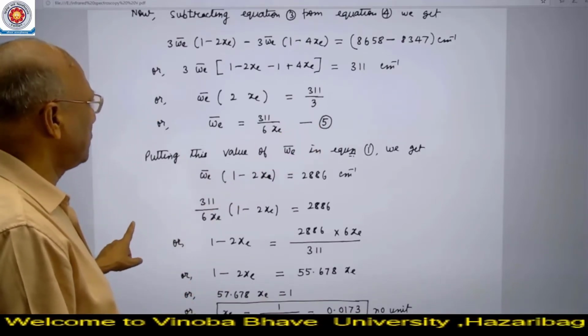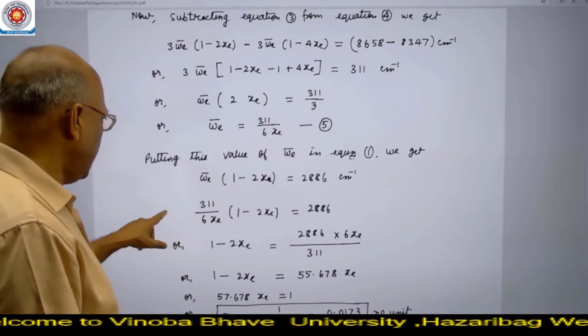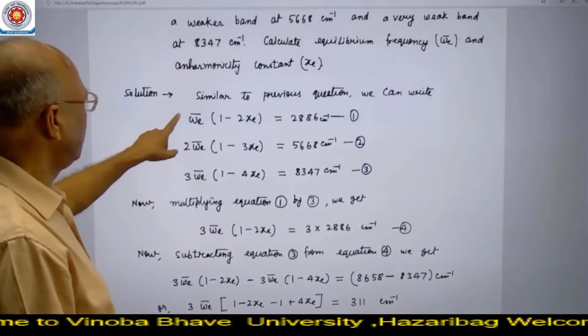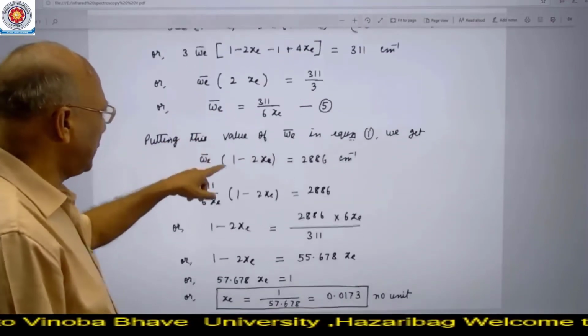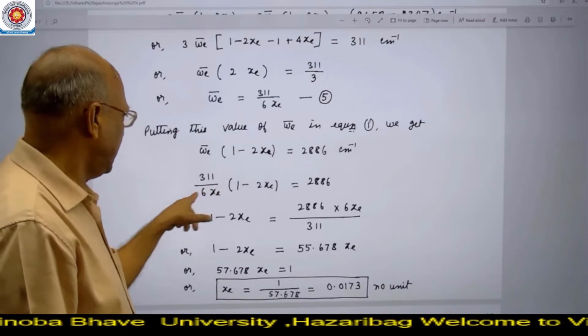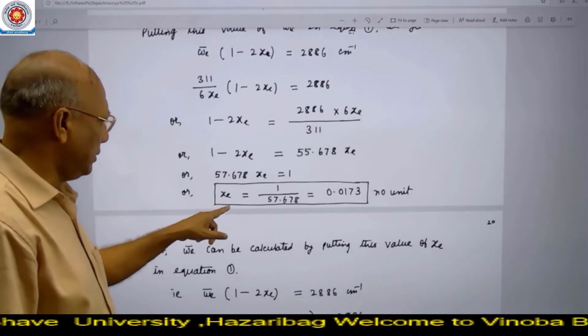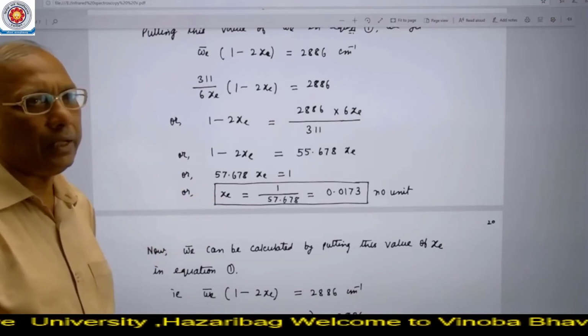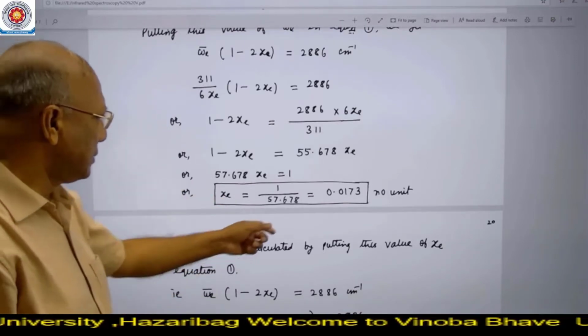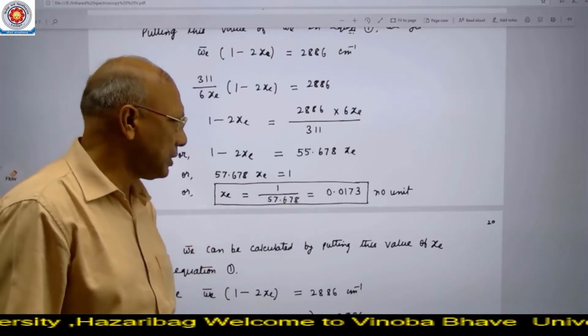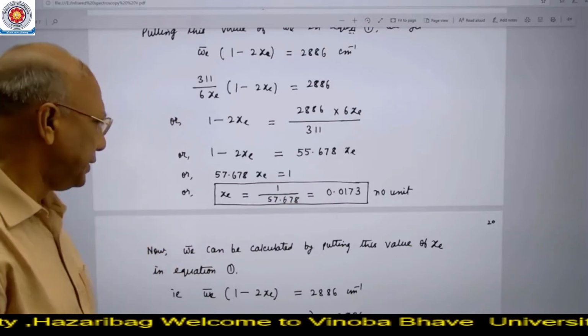When the value from equation 5 is put in equation 1, we get an expression, and on further solution we get the value of xe, the anharmonic constant, as 0.0173. It also has no unit.